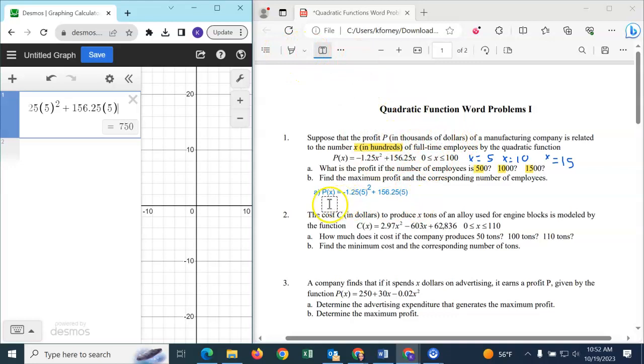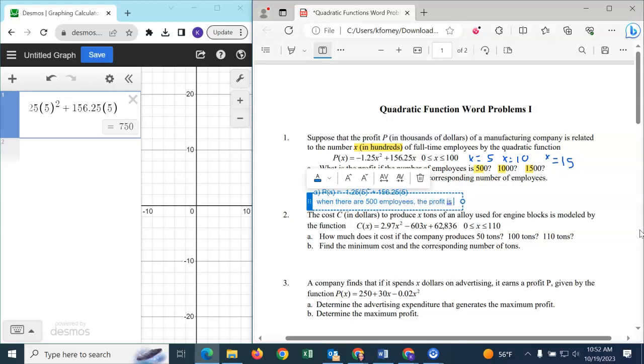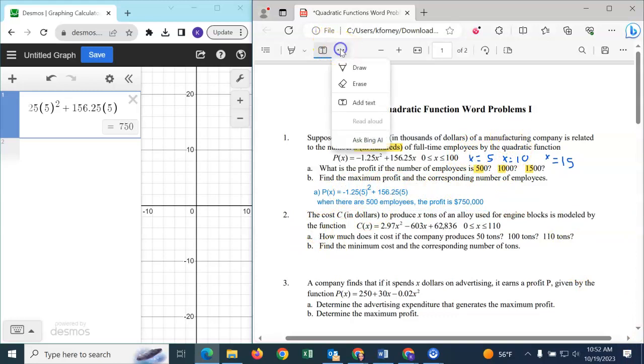So we can say when there are 500 employees, the profit is 750, and this should be money, so $750,000. Okay, and then you would have to do the same when X is 10.